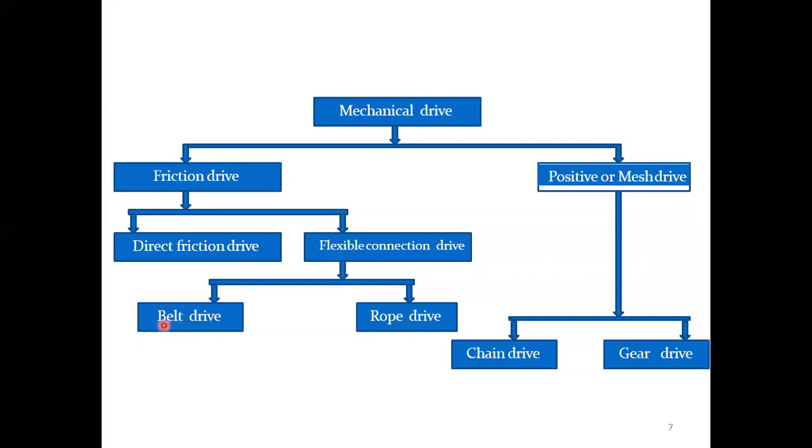Flexible means we can vary the power transmission using belt and rope. Positive or mesh drive means it is connected with the chain drive. The same applies to gear drive, which is also a positive or mesh drive. These gears are connected with very high friction, which means there is no avoidance of friction in the positive or mesh drive.